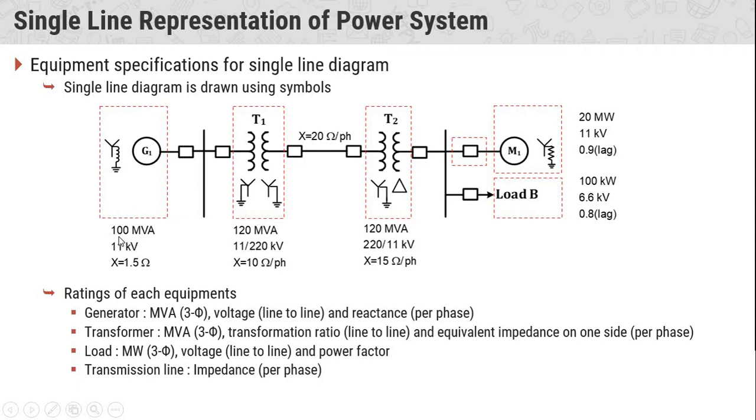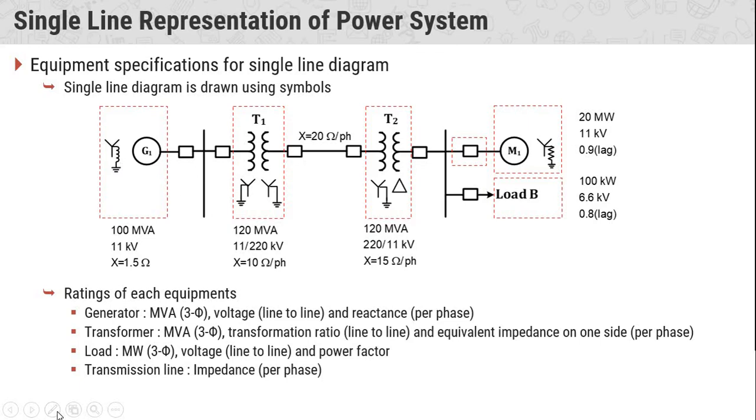this single line diagram: its three-phase MVA, its voltage, line to line voltage, and the reactance per phase. And this sign indicates that the generator is star connected with the neutral grounded. This notation indicates that the neutral is grounded.